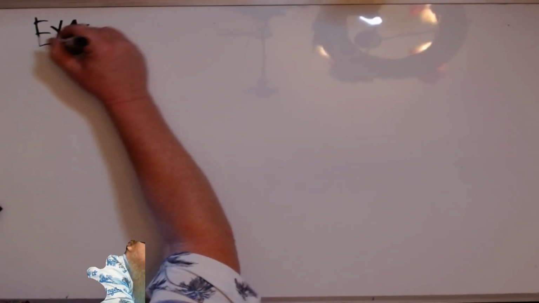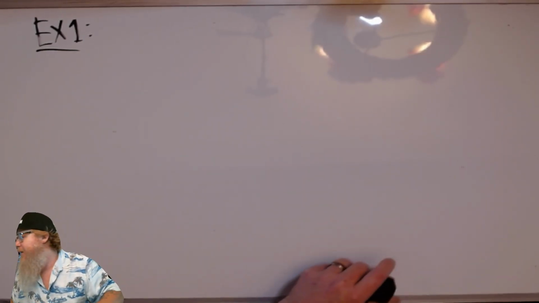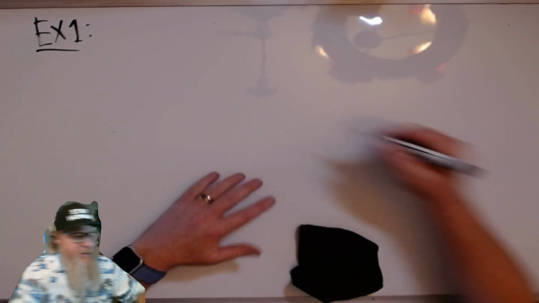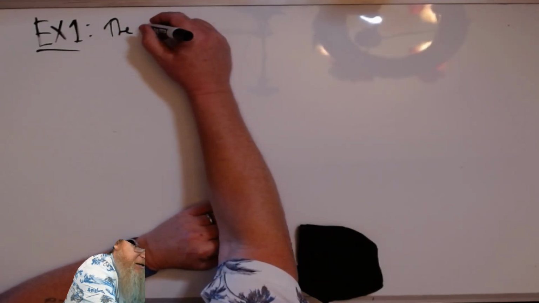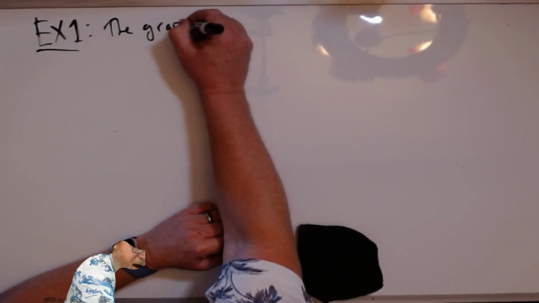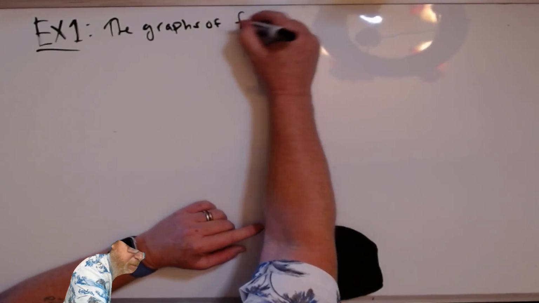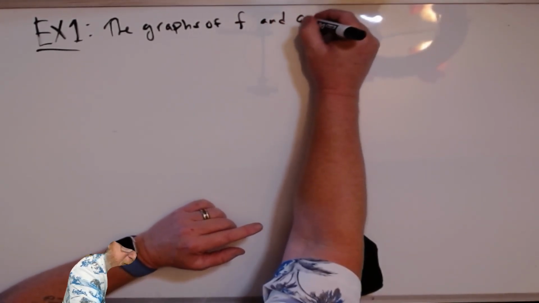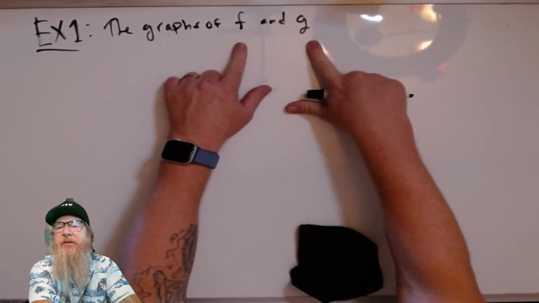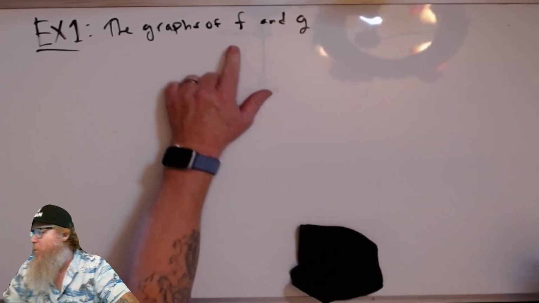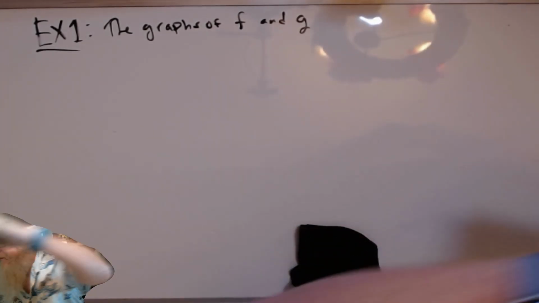Finally, we get to the examples. All right. So the graphs of f and g are given. Go back to some graphing. I'm using the shorthand notation, just calling them f and g instead of f of x or y equals f of x or what have you.